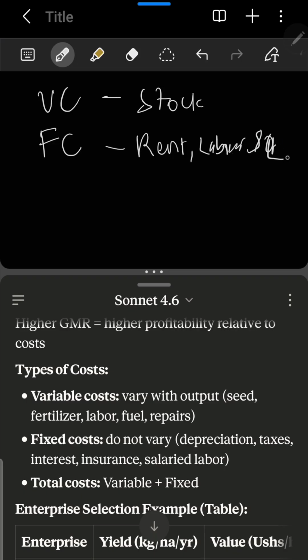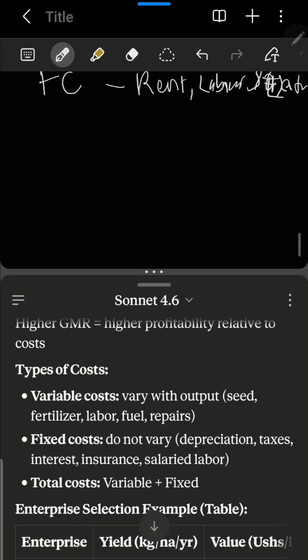So a variable cost is one which changes with what? The level of output. So if you buy and sell more phones, your variable costs are higher. Fixed costs, whether you sell no phone or you sell 1 million phones, the rent remains the same, the labor remains the same, the electricity remains the same.